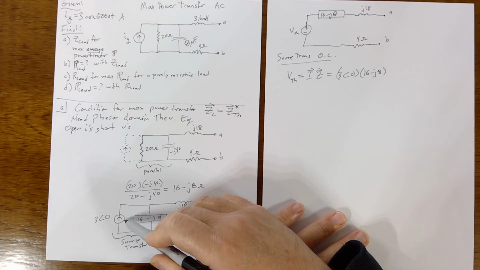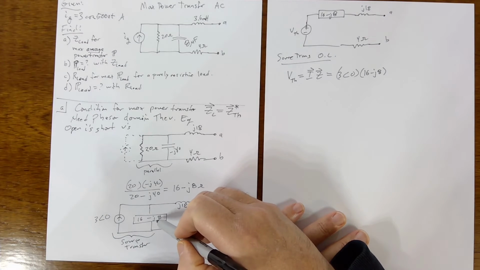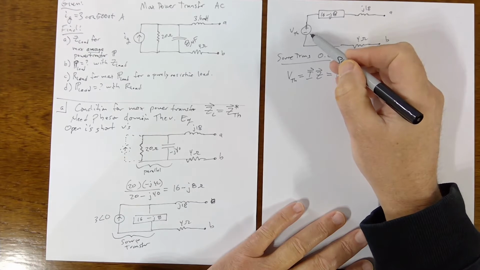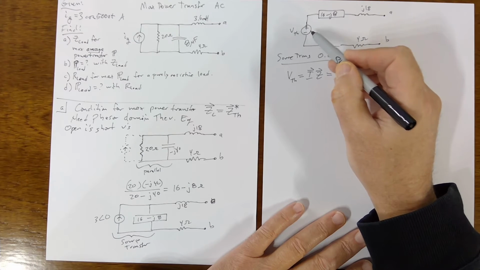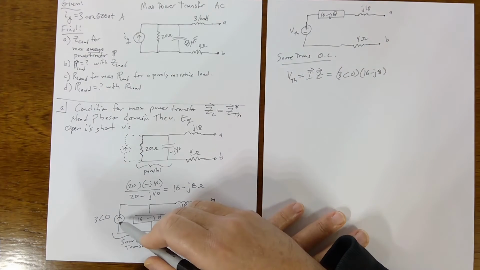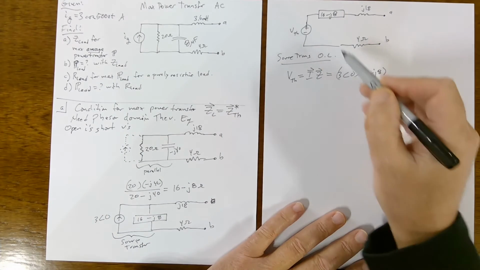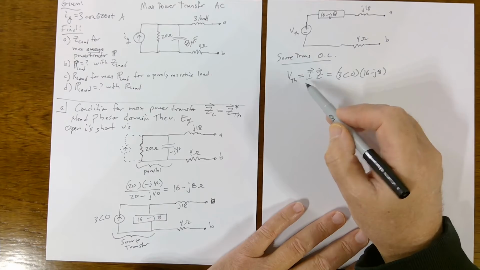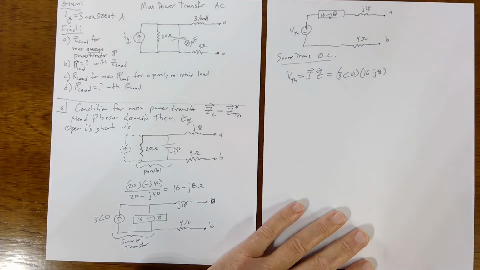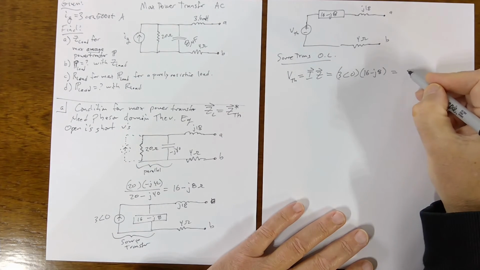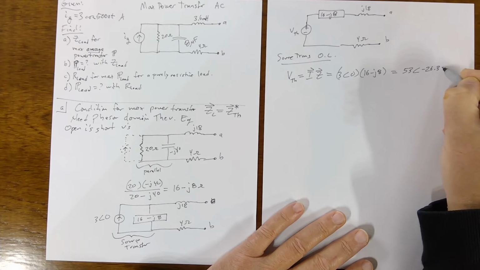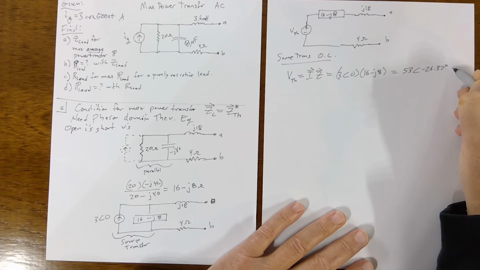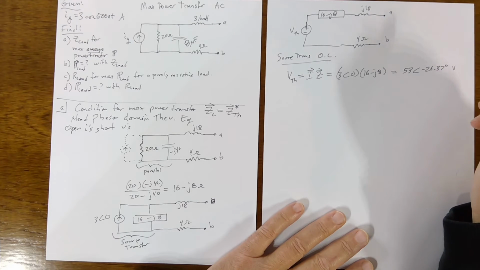We're just converting this current in parallel with an impedance into a voltage in series with that same impedance, and we solve for the new source, which was a current, now it's a voltage. We solve for that using Ohm's law. That's just what we were doing in chapter 4, but now we're doing that with phasors. So you end up with 53 angle minus 26.37 volts.